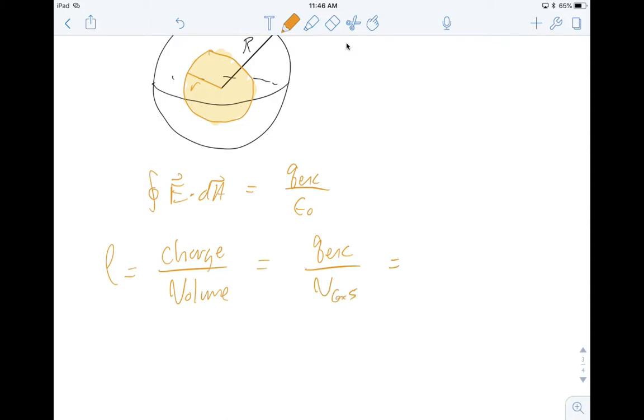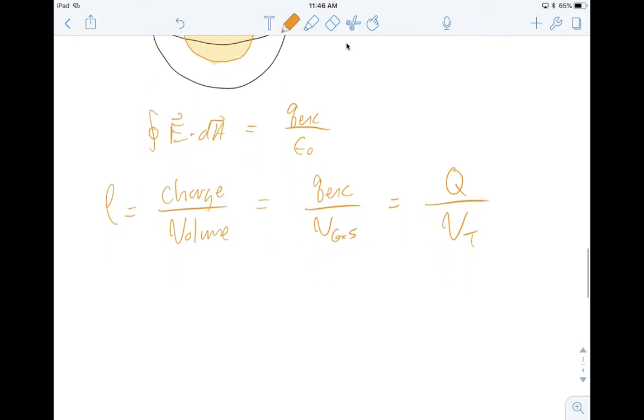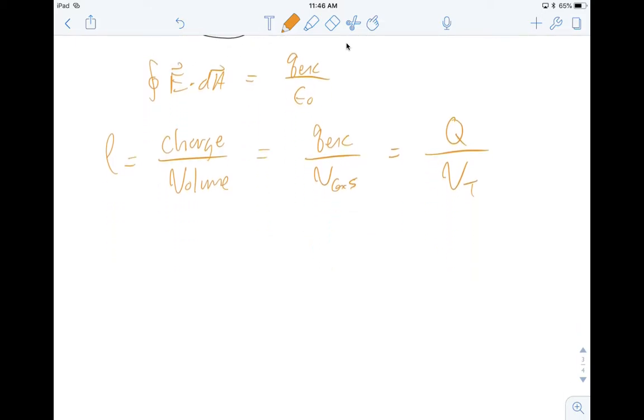And since it's uniform, it's also equal to the total charge Q divided by the total volume of the charged sphere. So we could put this in terms of rho or in terms of just capital Q by setting up this ratio. We'll go ahead and make it in terms of just capital Q.